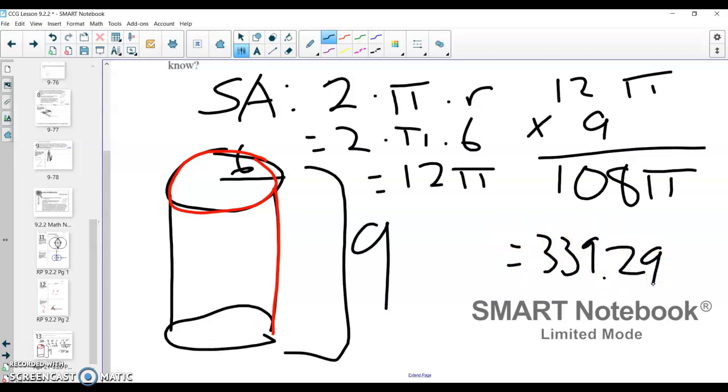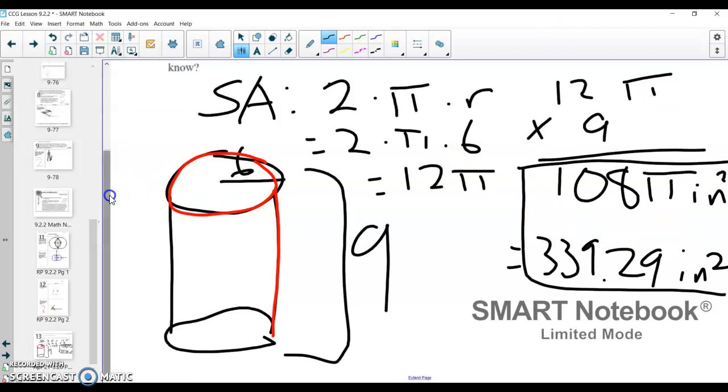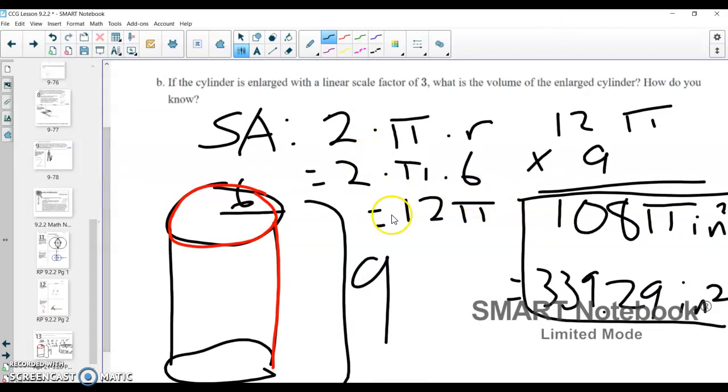And since it's an area, and this is in inches, that is inches squared, or 108 pi inches squared. Either one is the correct answer for your surface area. Okay, so again, surface area in the way that I find it, I do the circumference of the top circle or the bottom circle, and then I multiply that by the height.